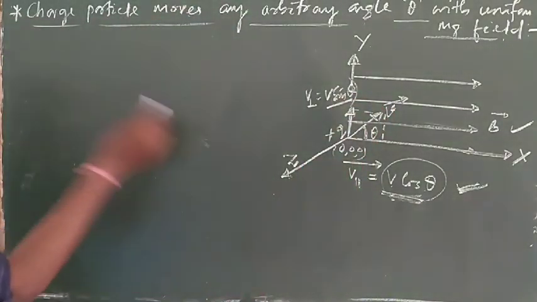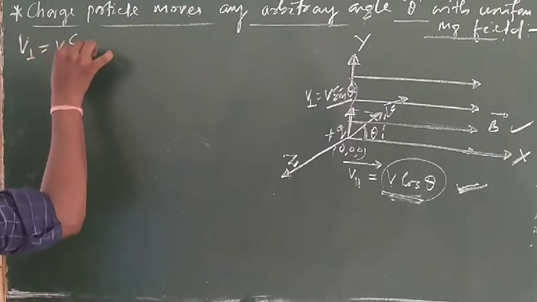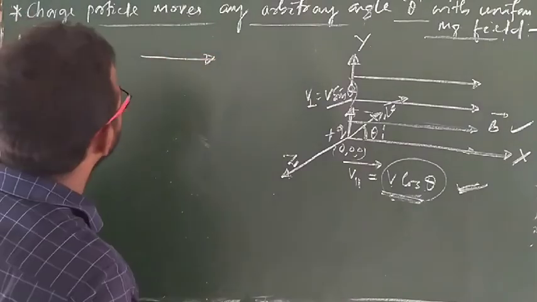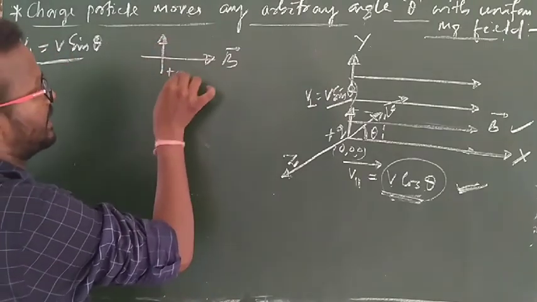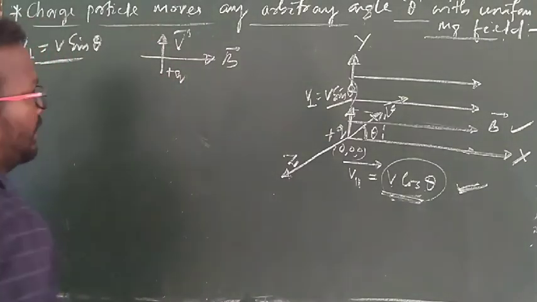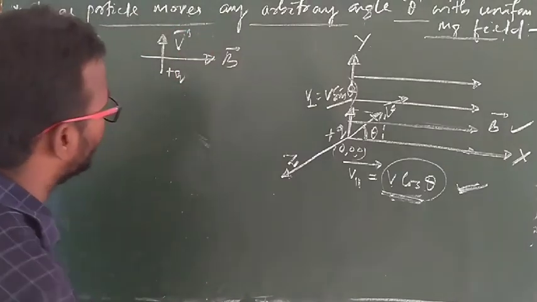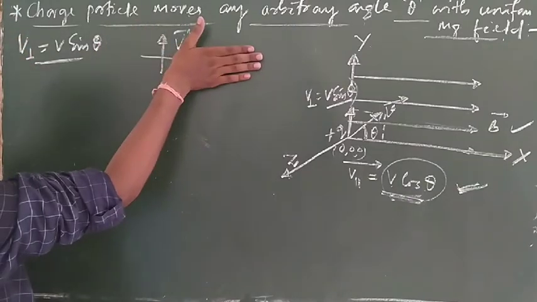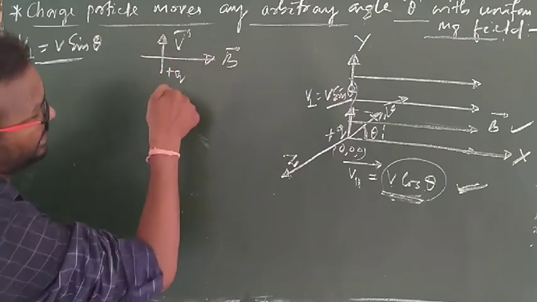If there is a direction of magnetic field in this direction, and the velocity of the charged particle is perpendicular to the direction of magnetic field, then the charged particle experiences a force. Which direction? How can I know? By using the right hand palm rule: this is the direction of magnetic field and this is the direction of velocity of the charged particle, then the direction of force is in one direction.